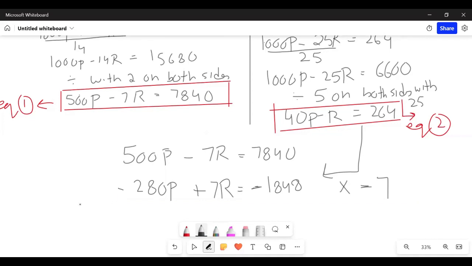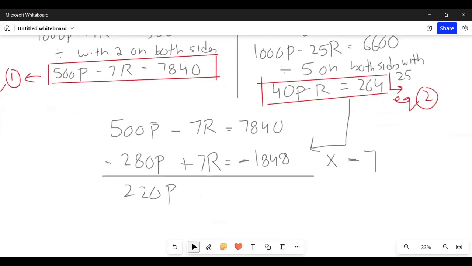Okay. Now I'm going to add these. 500 minus 280 is 210. Sorry, 220. P, then plus 0, because this gets eliminated, is equals to 7840 minus 1848 is 5992. Then divide this by 220 and we get 27.2.